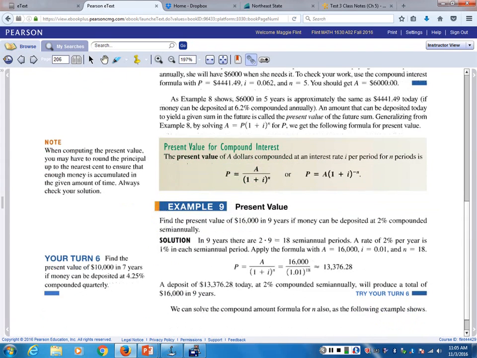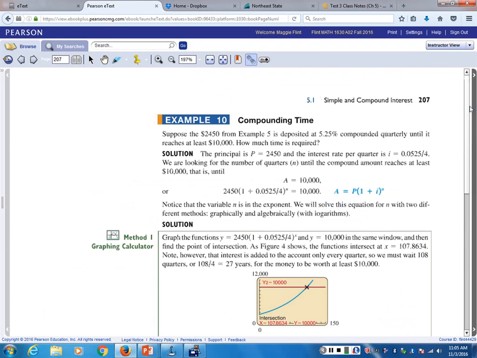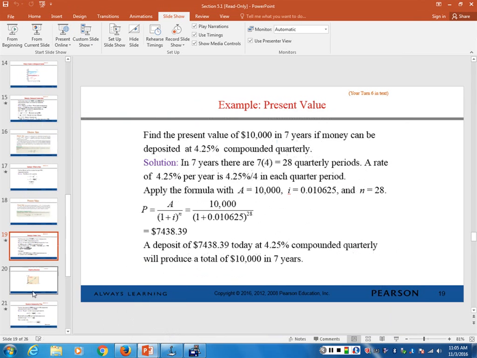Next page. Oh, I was looking at the wrong graph. That's why mine isn't matching up with what we're doing. So that's why my answer didn't come out. Let me move that slide.